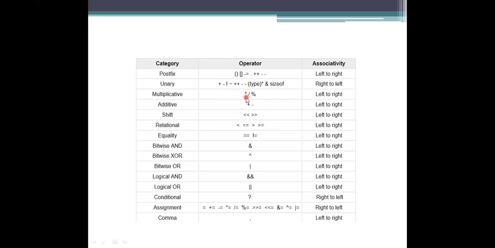If all of these operators, such as the multiplicative operators, are used in a single expression, how are we going to evaluate it?